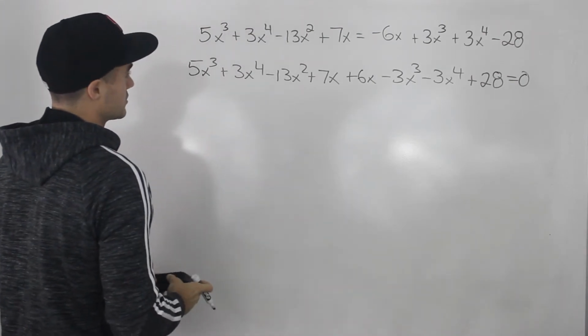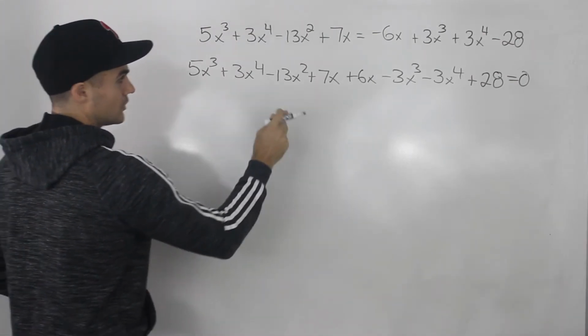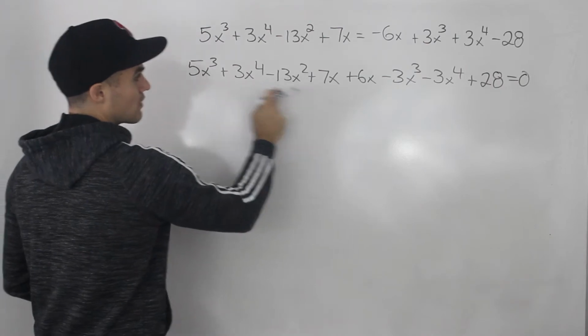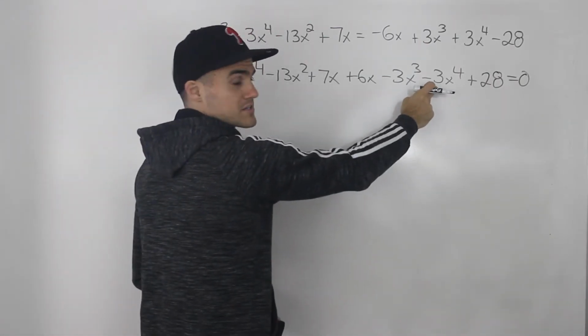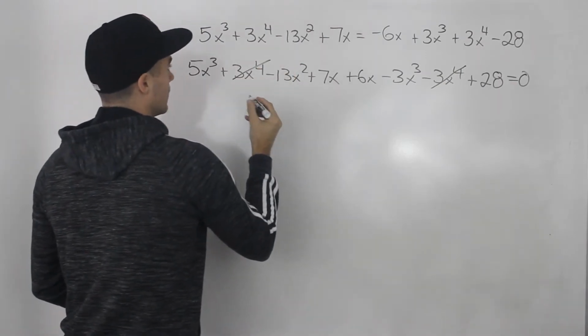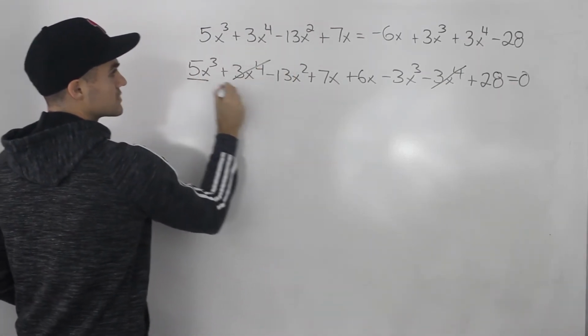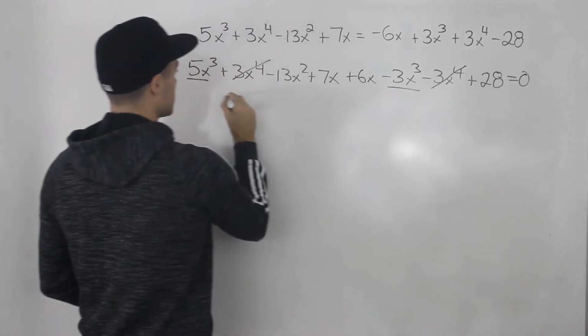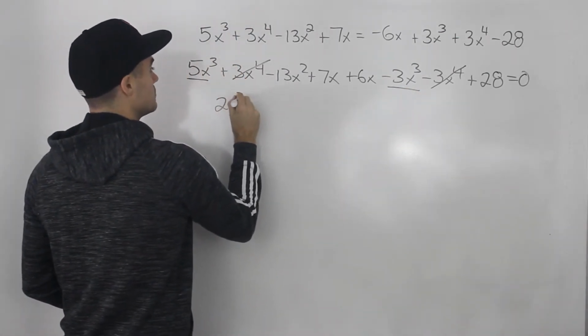So let's collect some like terms here to simplify it. Notice how the 3x to the power 4 and the negative 3x to the power 4 will just net out to 0. All right, we got 5x cubed and then negative 3x cubed, so that would be 2x cubed.